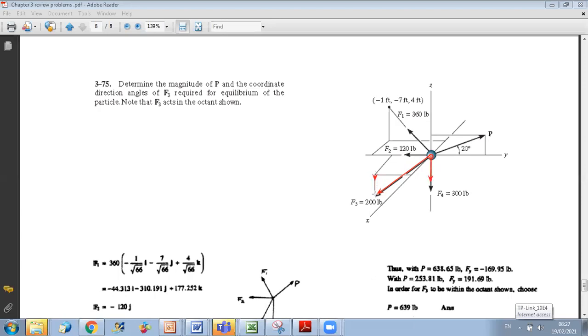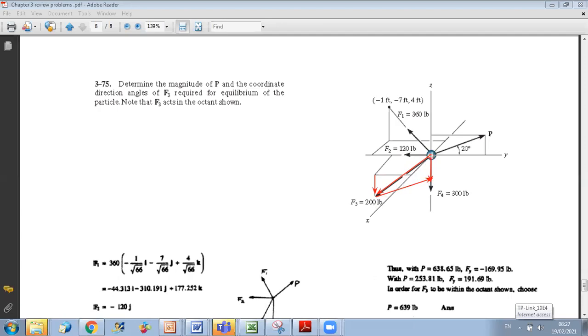You go from the origin towards the projection of the other point. It's in the negative direction. Look, it's pointing downward.